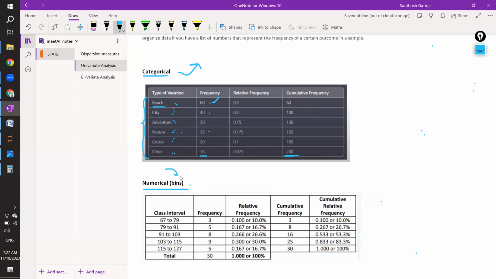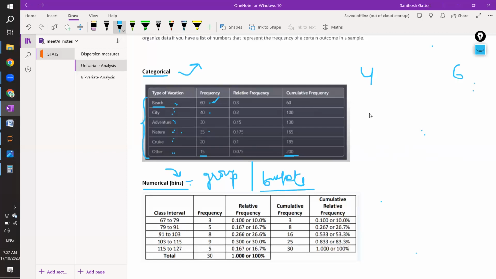Bins is a very important thing. Bins is nothing but grouping, or putting into buckets. What does that mean? Let's consider 4 to 6.